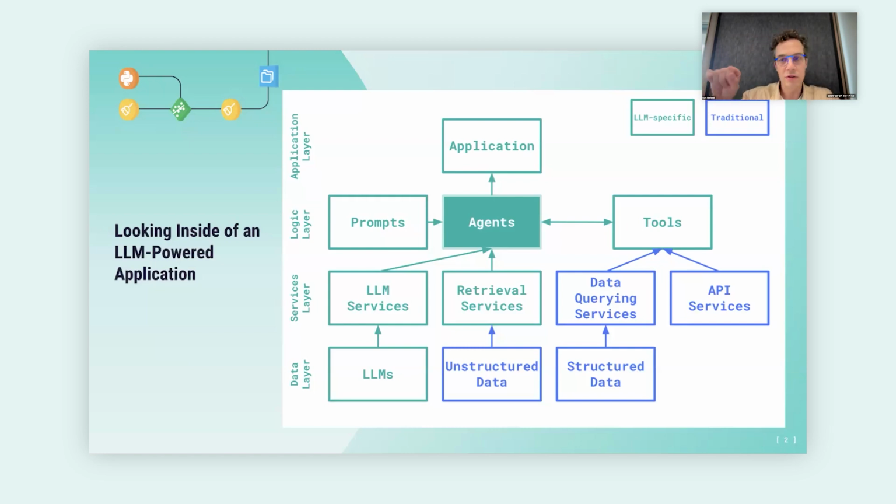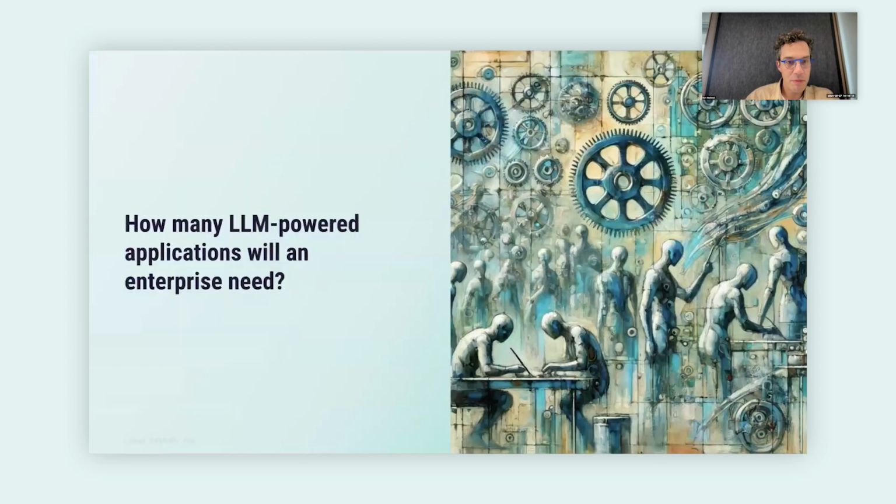It's going to use multiple or different tools, and so on and so forth. Right. So this is new. This is exciting. It brings new opportunities for automation, for augmenting the intelligence of all of our different capabilities within the organization. So these are great, right? But the question is, how many such applications will an enterprise actually need?